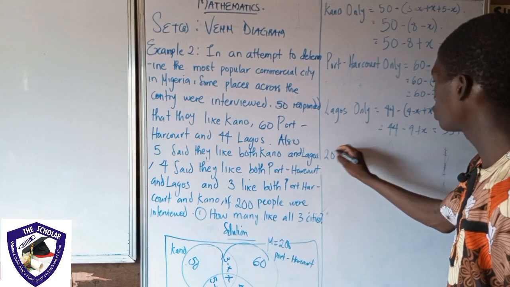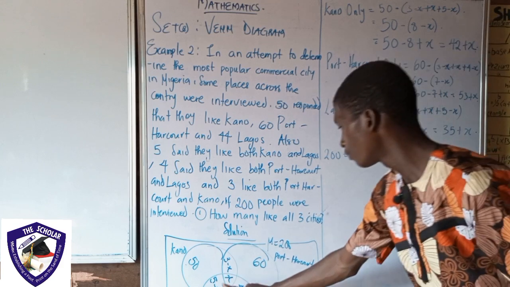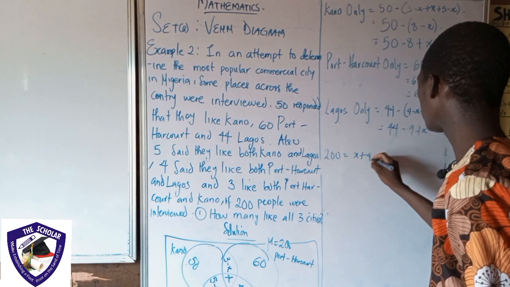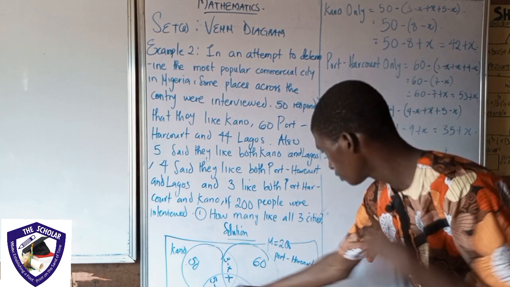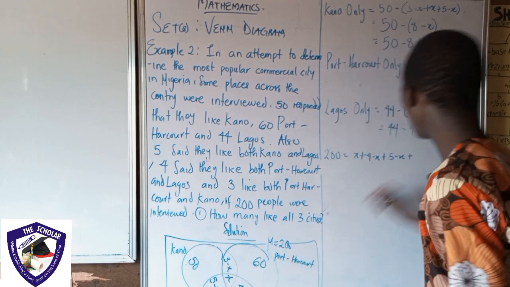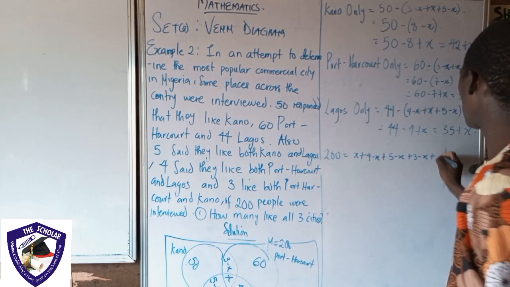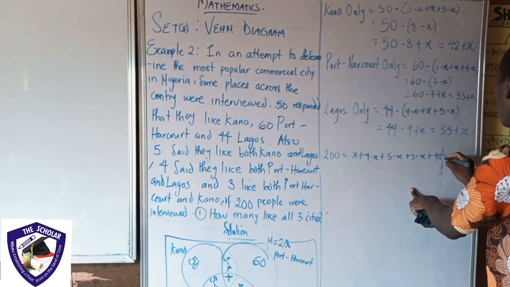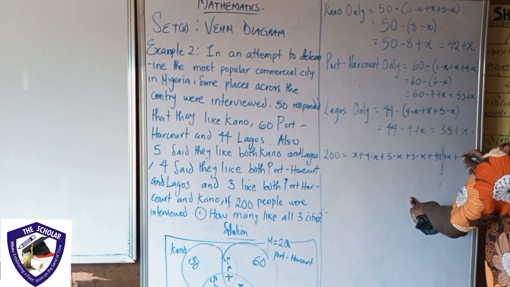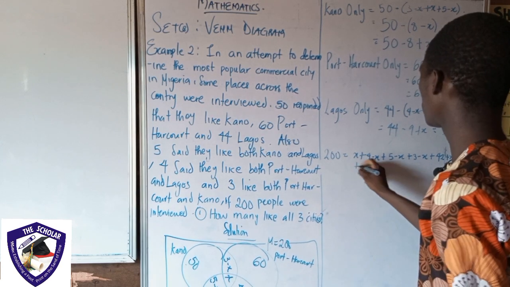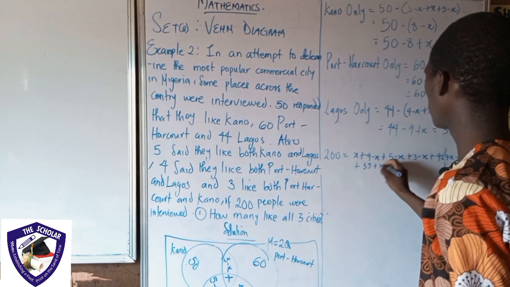So we have 200 equals our x first, plus 4 minus x, plus 5 minus x, plus 3 minus x, plus 42 plus x, plus 53 plus x, plus 35 plus x.